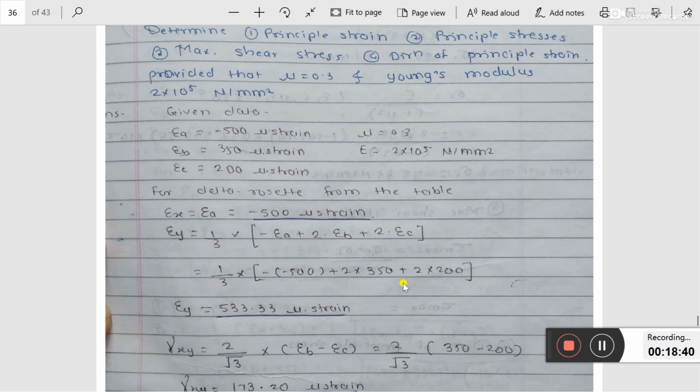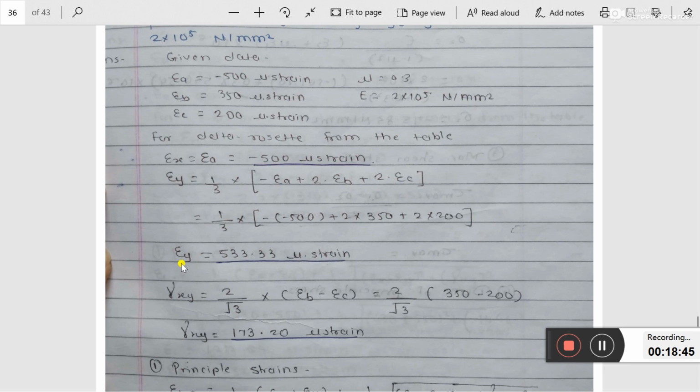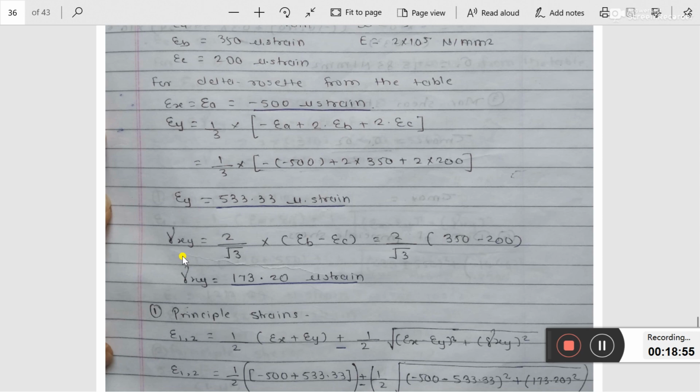By putting all the values in this epsilon Y equation, I have calculated the value of epsilon Y is equal to 533.33 microstrain. So this is the calculation of epsilon Y. Similarly, by taking the reference of the same table, I have to calculate gamma XY.